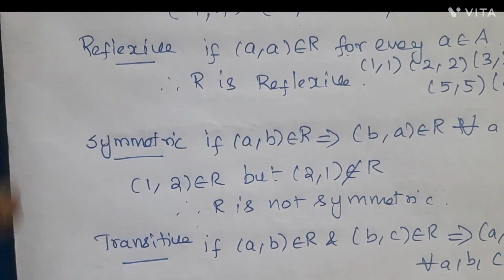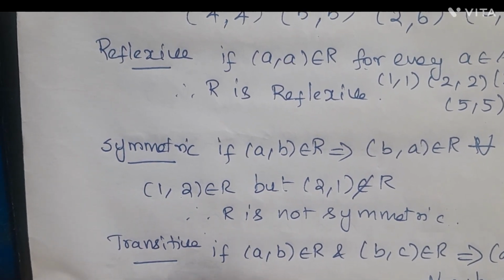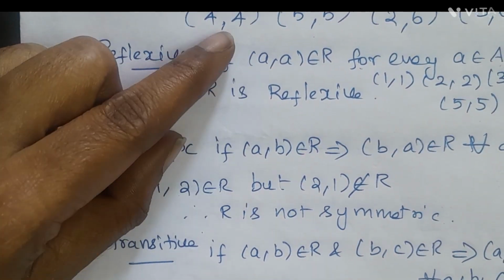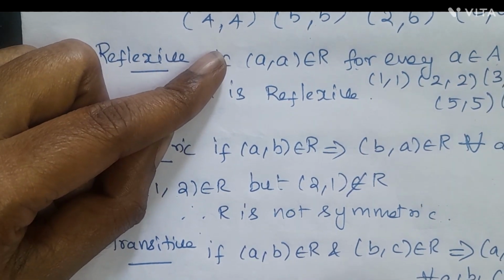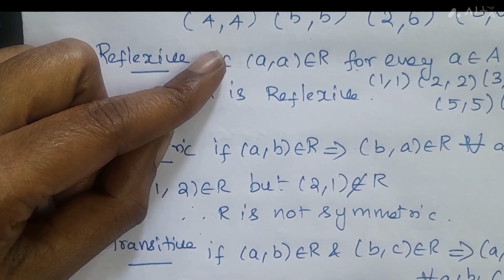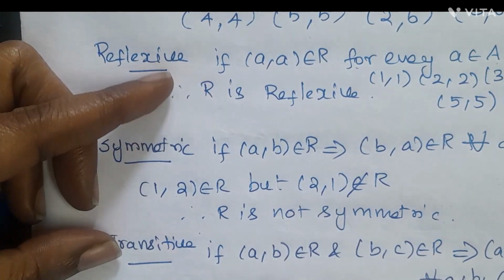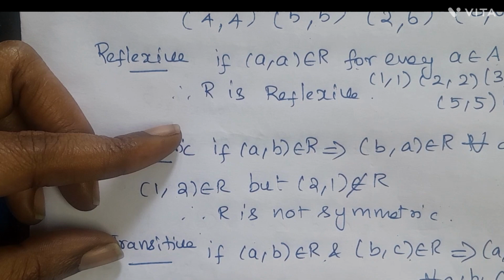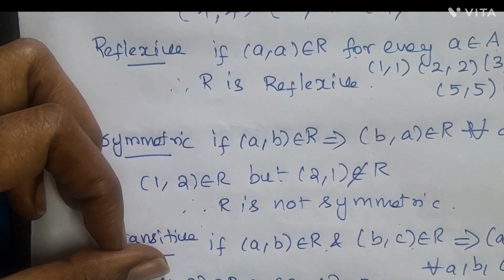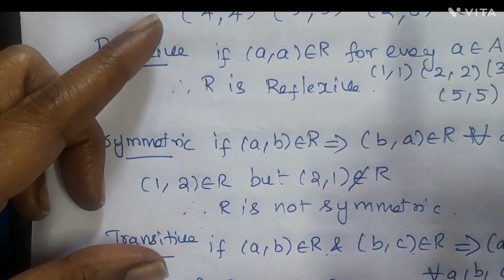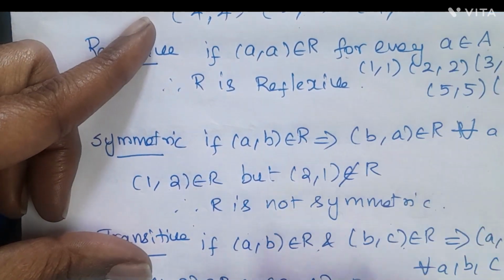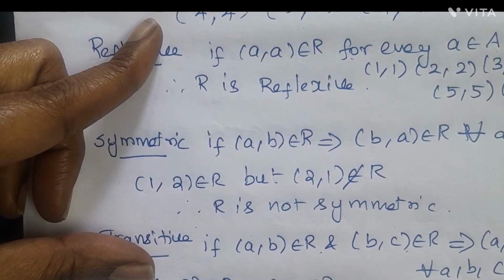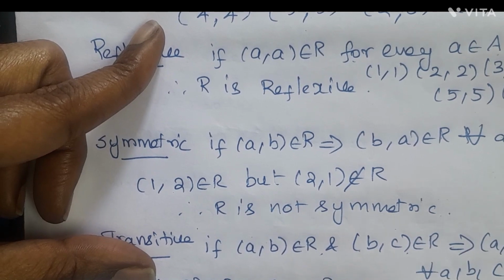If we take (1, 2) in R and (2, 4) belongs to capital R, then our condition is (a, b) belongs to R, (b, c) belongs to R, then (a, c) should be present in R. Here a value is 1 and c value is 4. (1, 4) is present in R. We have to check (1, 4) belongs to R. So R is transitive.